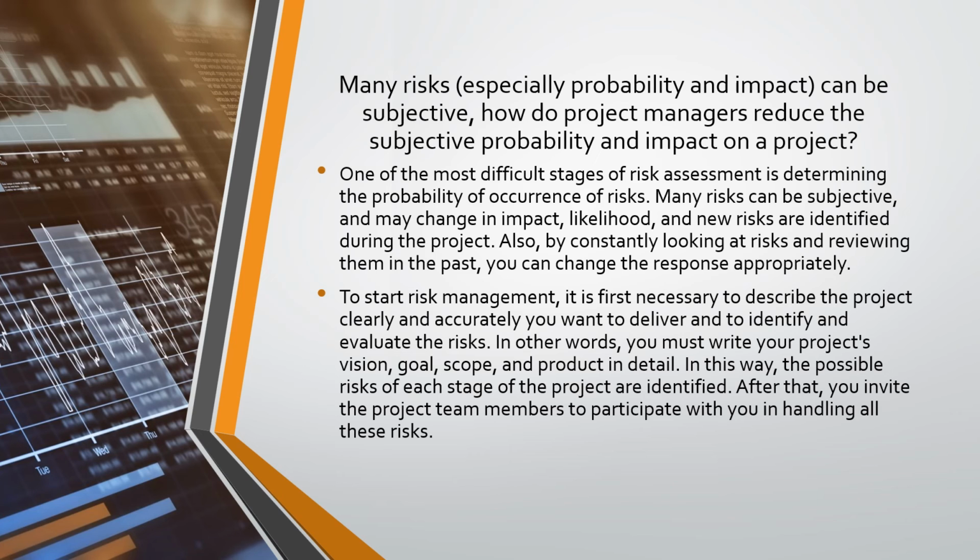Many risks can be subjective and may change in impact. Likelihood and new risks are identified during the project. Also, by constantly looking at risks and reviewing them against the past, you can change the response opportunely.